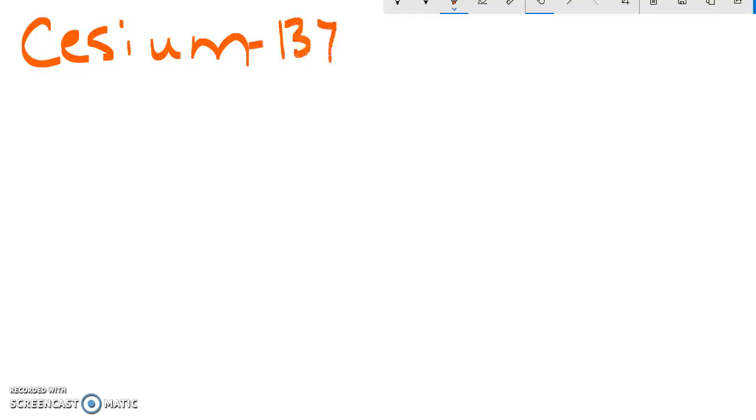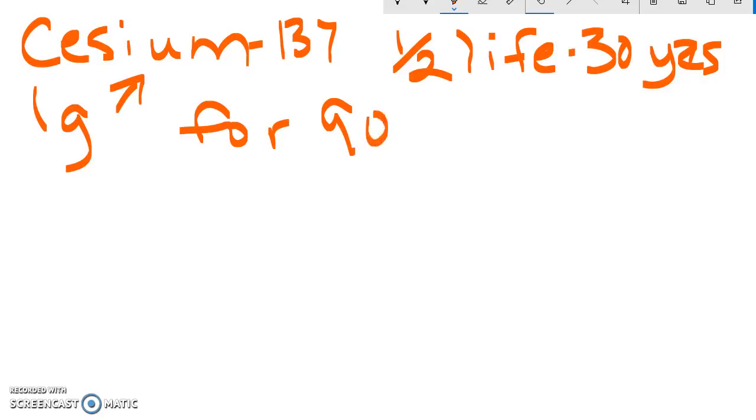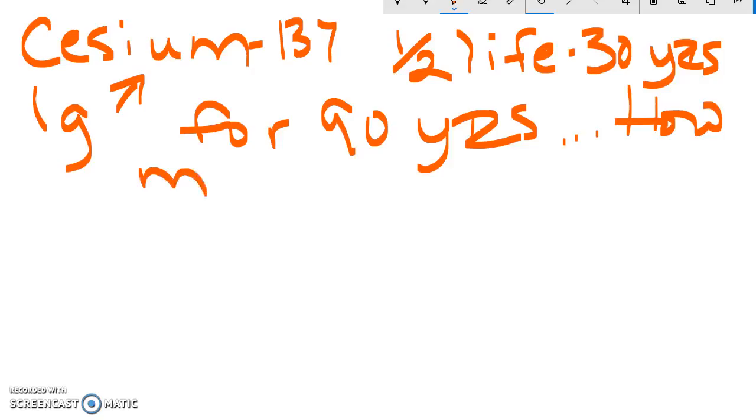Okay, so let's look at a specific example. I pulled this up from the internet. It says an isotope of cesium-137, which is just its name, so don't even worry about what that's called, has a half-life of 30 years. If you have 1 gram of this stuff, and it breaks down for 90 years, how much is left?